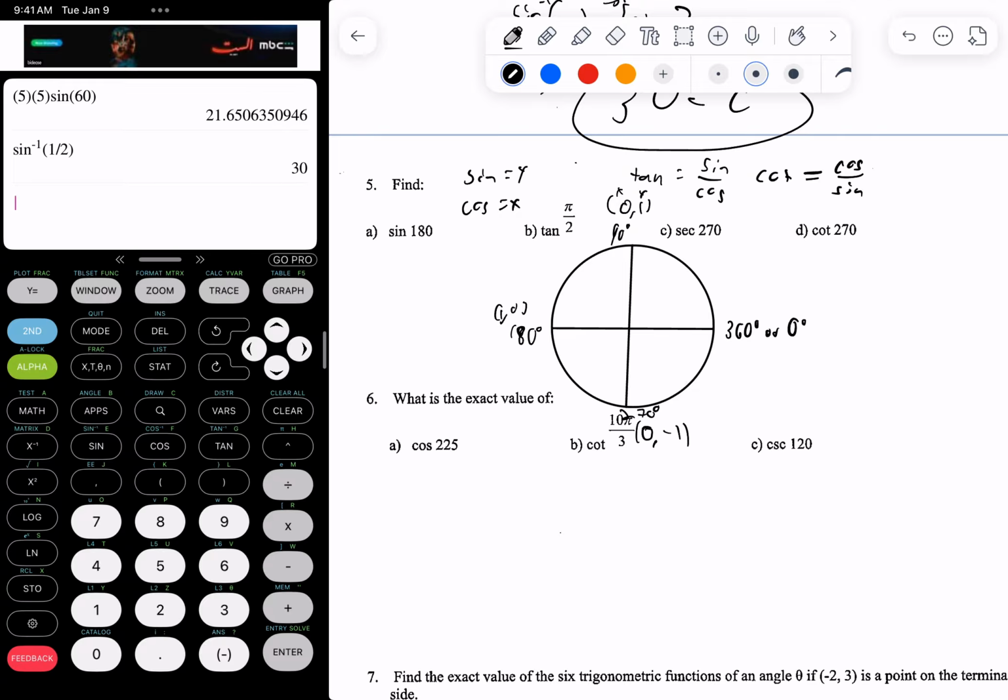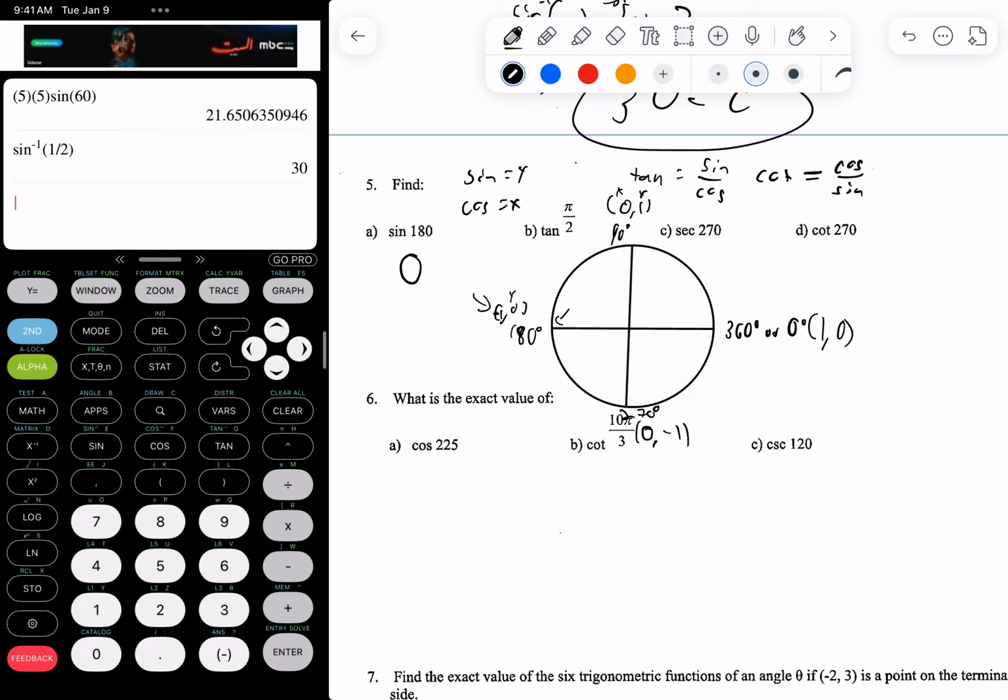And over here, you have 1, 0. By the way, I forgot to put the negative at 180. Very, very important. Over here, this is a negative 1. Great. So sine 180: sine is always the y, and at 180 the y is 0. So sine 180 equals 0.